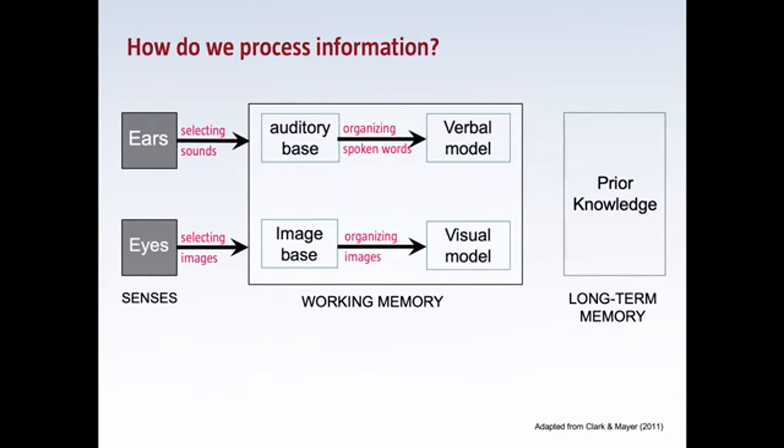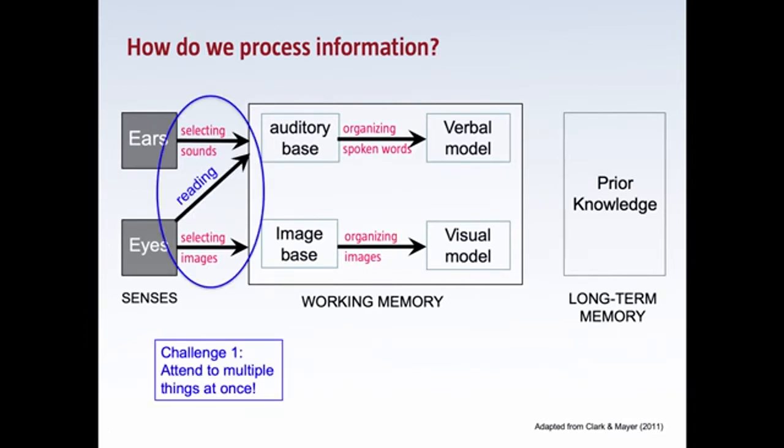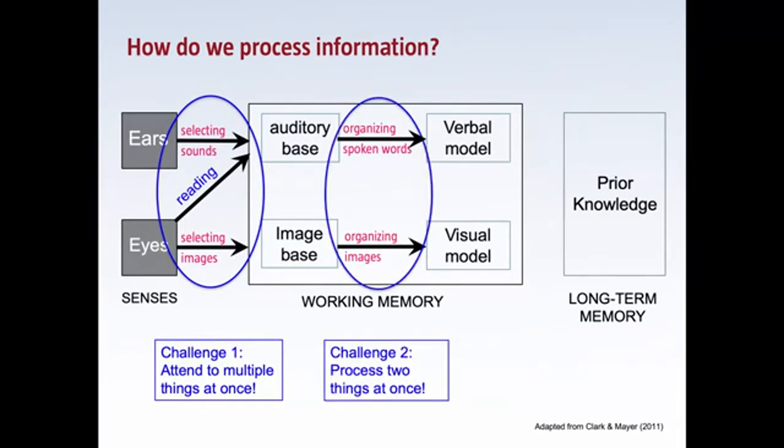In facilitating the learner's knowledge construction and meaning making, we need to take into account these two challenges. The goal is to get information into long-term memory and connect it properly to your prior knowledge. But these challenges get in the way of that.